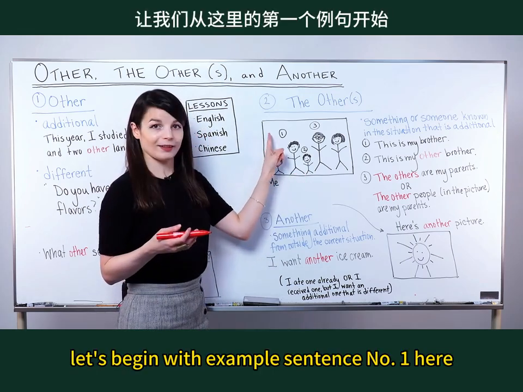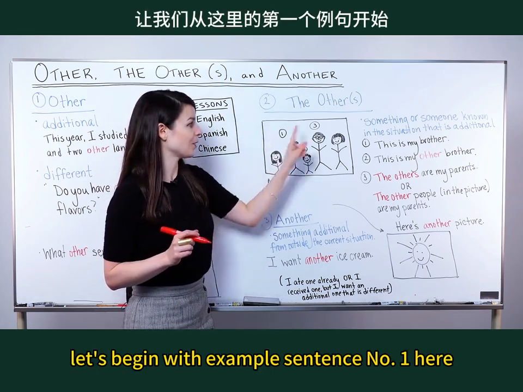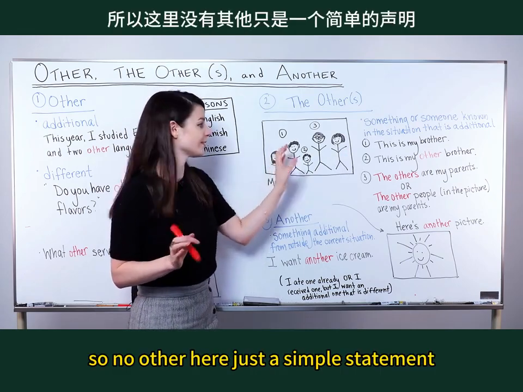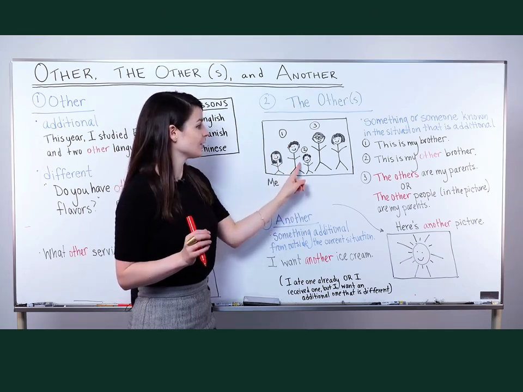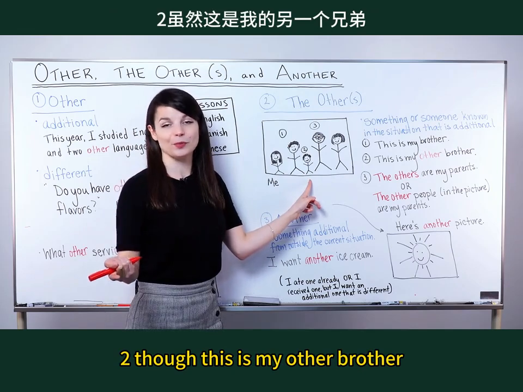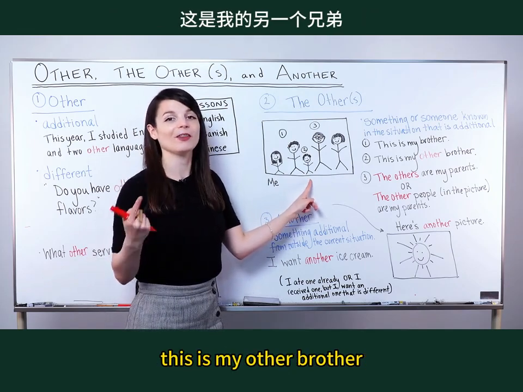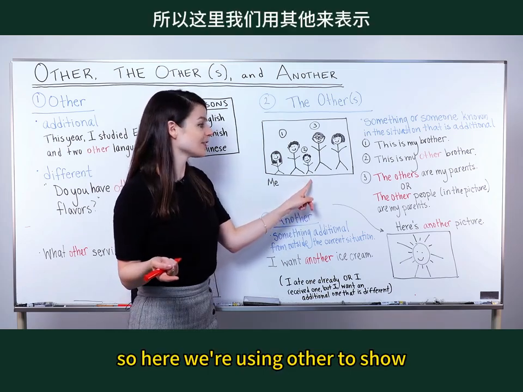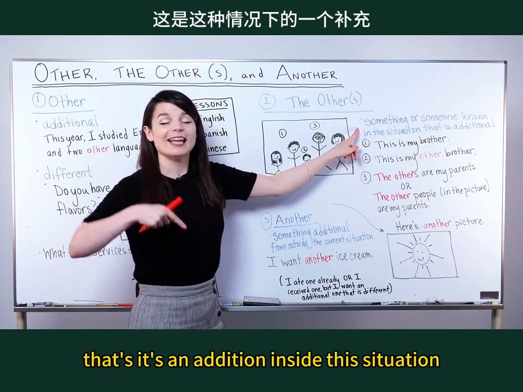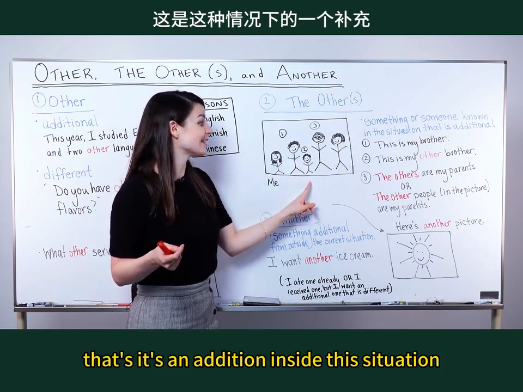Let's begin with example sentence number 1. This is my brother, so no other here, just a simple statement. Number 2, though, this is my other brother. Here we're using other to show that it's an addition inside this situation.